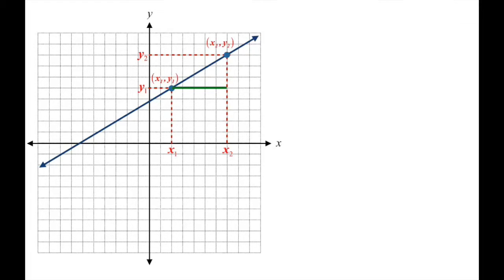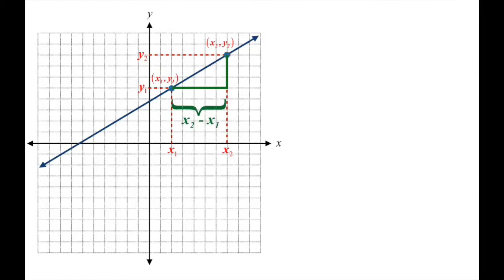Now, what distance is that green horizontal line? It's going to be the distance out to x2 minus the distance out to x1, which makes the green line have a length of x2 minus x1.